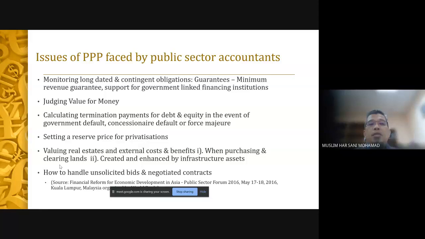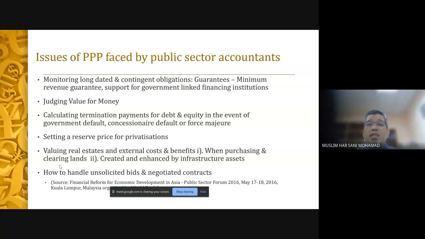Maybe you can use a valuer, right? But in any case, of course you can use private sector experts, but their assumptions need to be assessed. Do they use the right assumptions? So that when it comes to valuations, you can develop the right price. Okay, so those skills need to be developed.